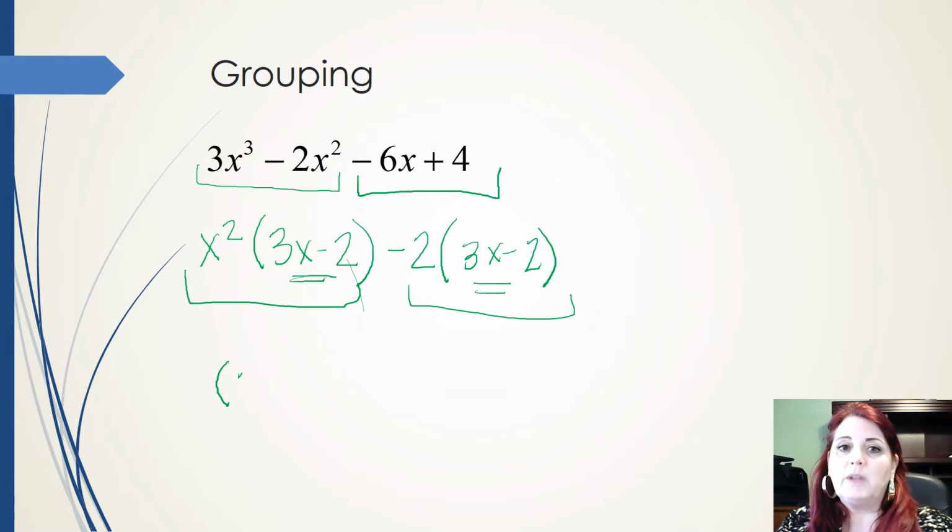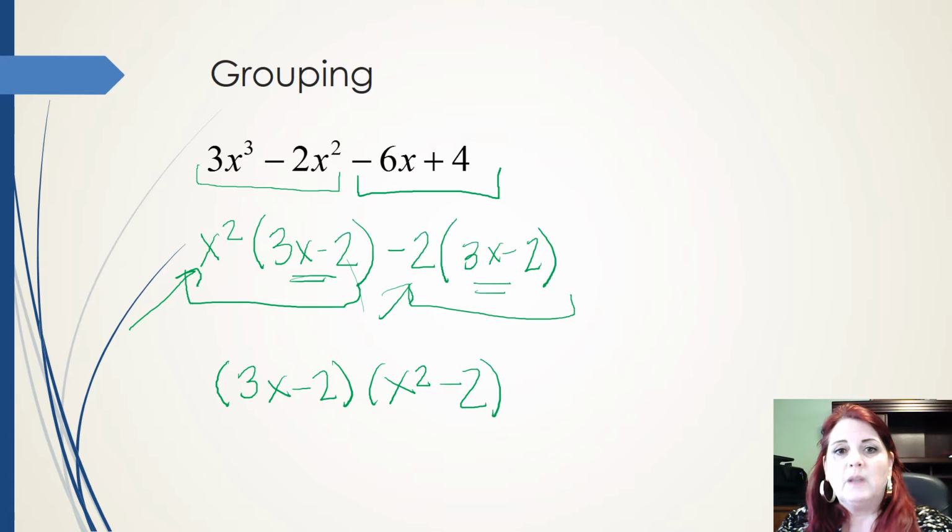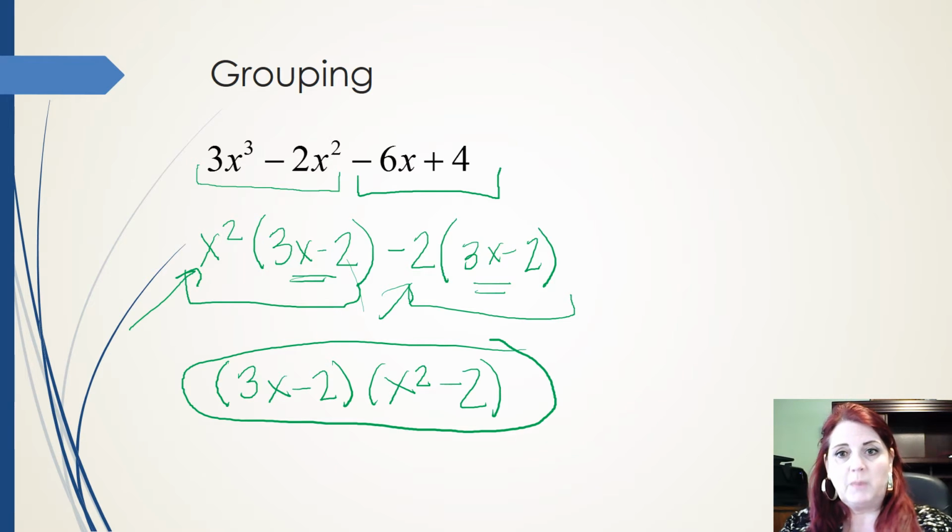So that's the greatest common factor, 3x minus 2. And it's being multiplied to the x squared and the negative 2. So 3x minus 2 times x squared minus 2 is the factored form of this polynomial.